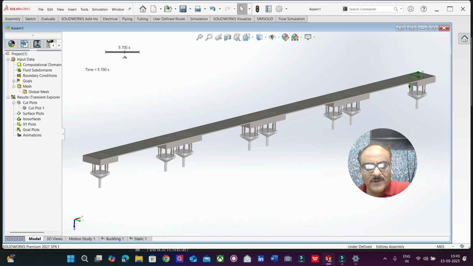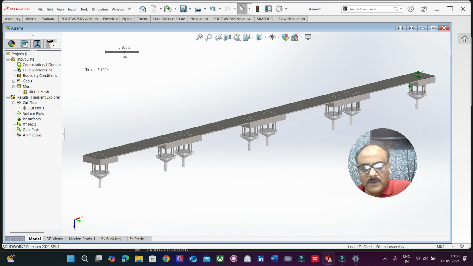Today we are going to see a very interesting problem description, and this has to do with geotechnical engineering, bridge engineering, and this particular problem is related to computational fluid dynamics.